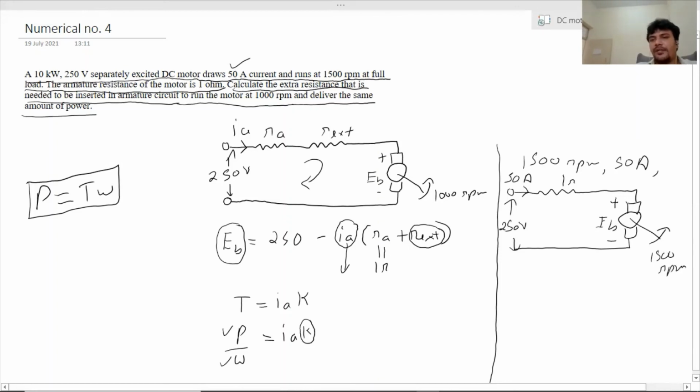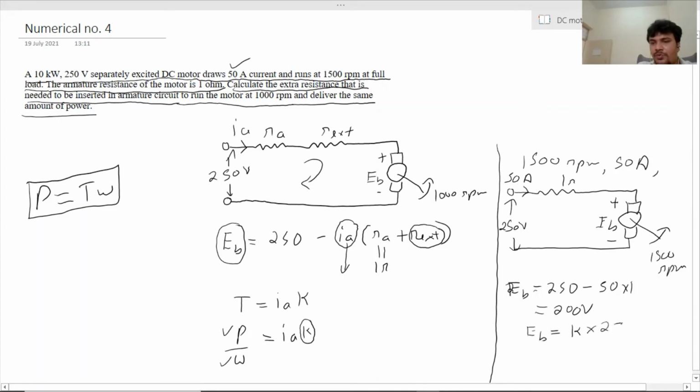So we can calculate here. From here, we can calculate K. We have done this process in the previous question. So in the previous one also we calculated this. So EB was coming out to be 250 minus 50 into 1, so that was 200 volt. So EB was equal to K into omega.